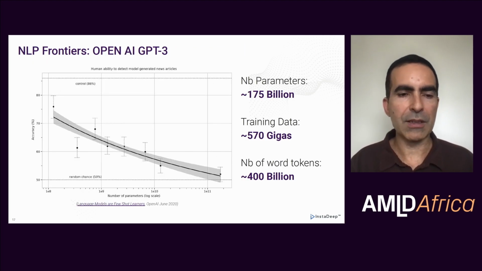And a concrete example of this is that when those researchers at OpenAI did the scaling study, this gave them the foundation to go and build super large models, such as OpenAI's GPT-3 that came out last year, which is a gigantic model with 175 billion parameters, trained over 400 billion word tokens taken from the internet and encyclopedia and other sources.